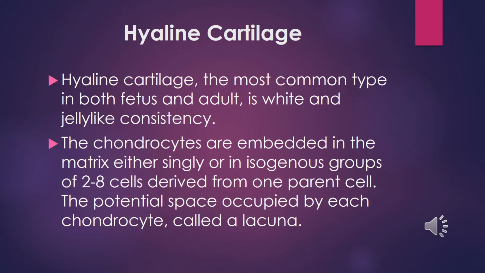Inside there are chondrocytes surrounded by collagen fibers. Groups of chondrocytes form special isogenous groups from 2 to 8 cells, and every group of cells is surrounded by fibers and forms a lacuna.